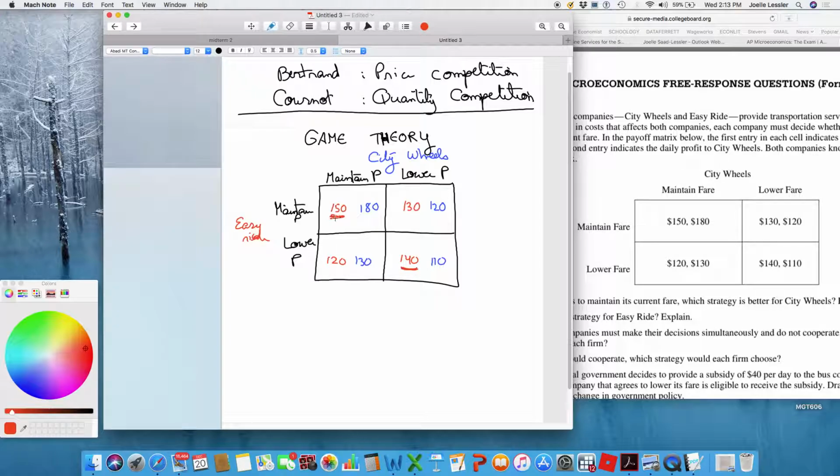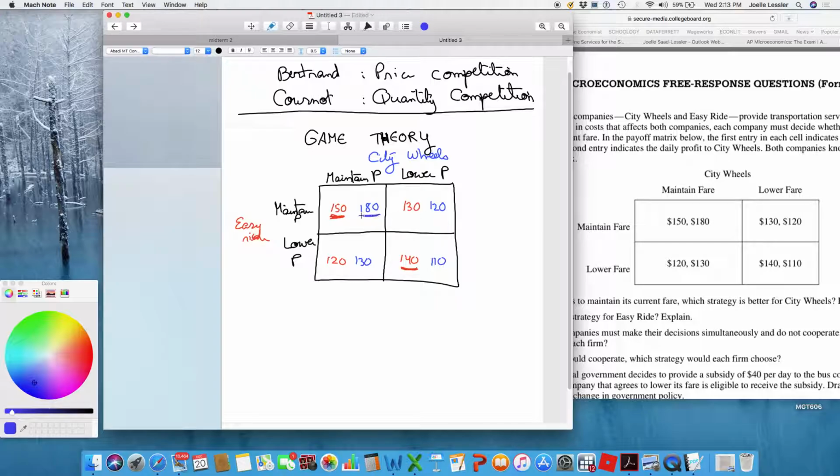Now let's look at City Wheels. City Wheels says, if Easy Ride maintains price, so I'm looking at this row, then if City Wheels maintains price also, they would make 180. If they lower price, they would make 120. They prefer 180 over 120.